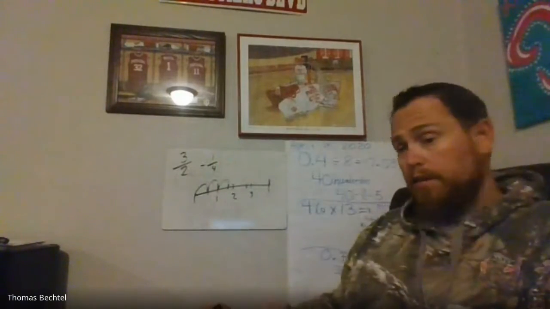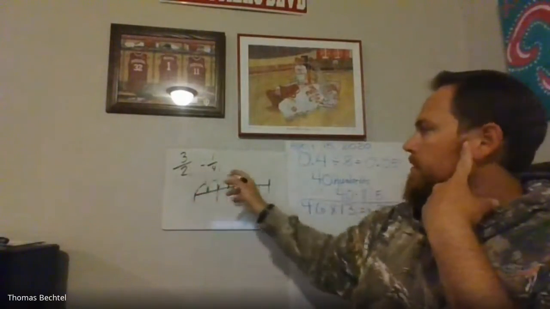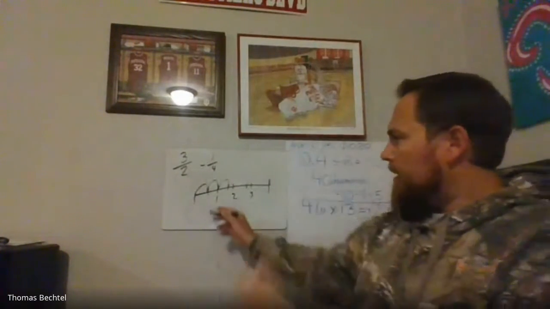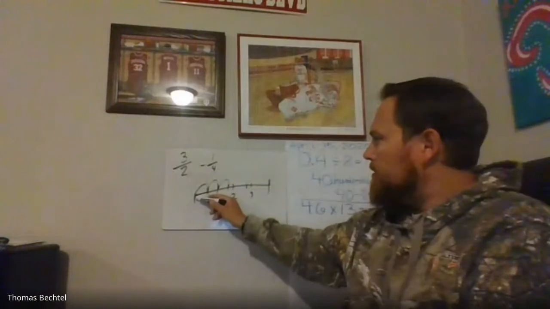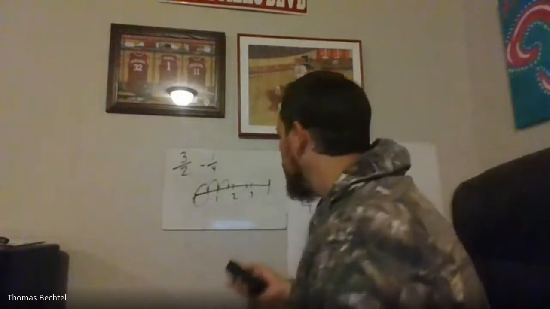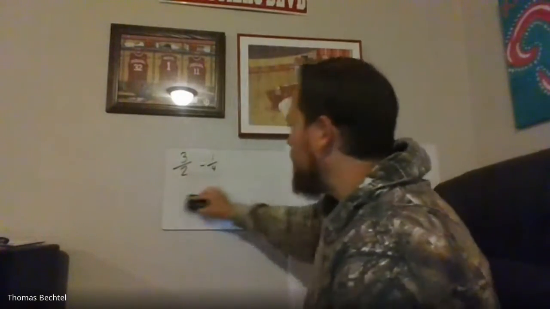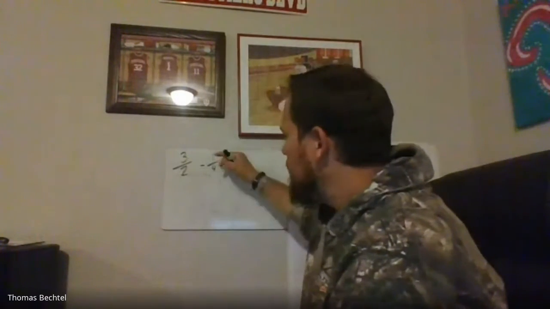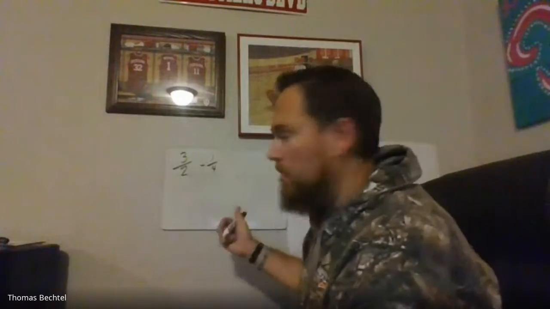It's a little bit trickier because they're different denominators. So we can't really just go, oh, here's 1/4. It doesn't work the same way. So we have to look at this problem a little bit differently. And instead of messing with the number line, instead of messing with any of the graphics, let's just flip it, multiply by the reciprocal.